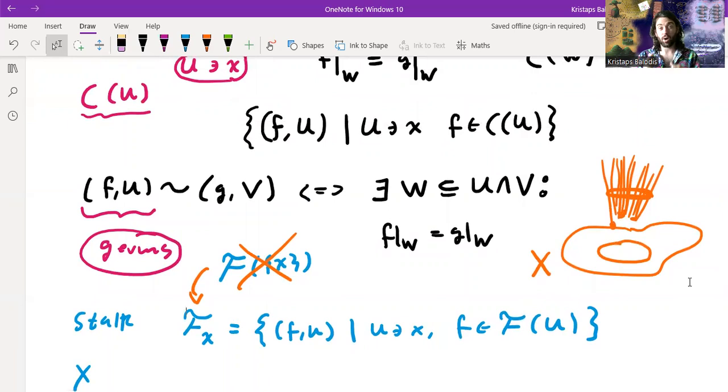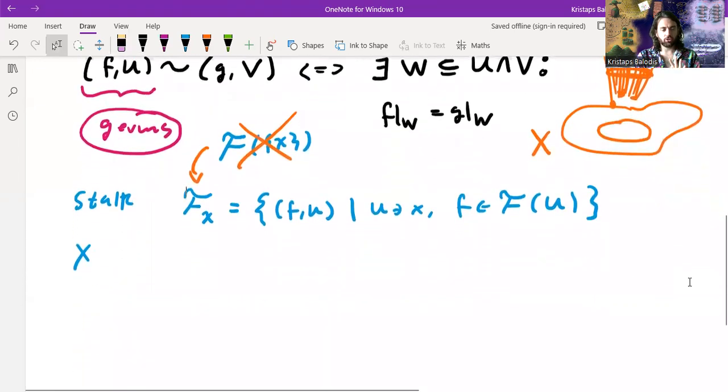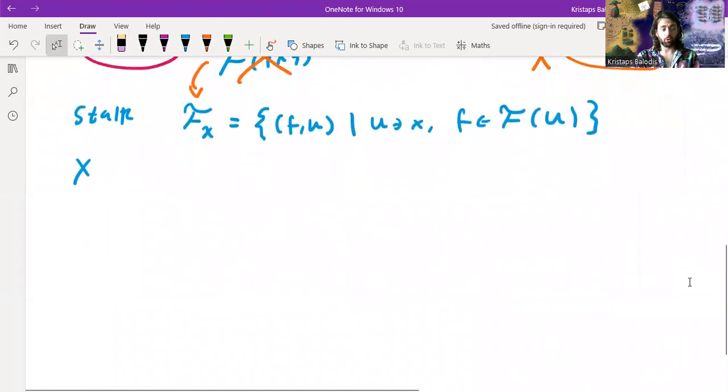Okay. So that gives us our stalk, and you can see, based on the way that we built this up, why this should recover some sort of notion of infinitesimal. I'm not going to say too much about this now. Maybe I'll go into a formal proof eventually later in the series. But one thing I want to mention is this does get related to the tangent space at a point. Say we're dealing with a manifold M, and we're looking at the sheaf of smooth functions on that manifold.